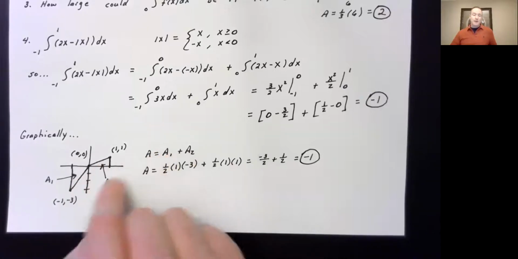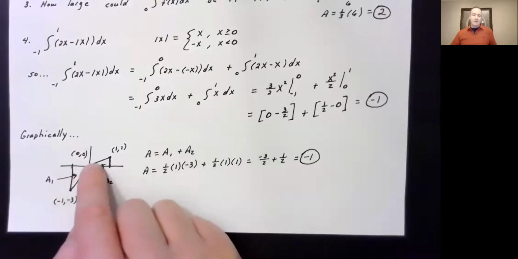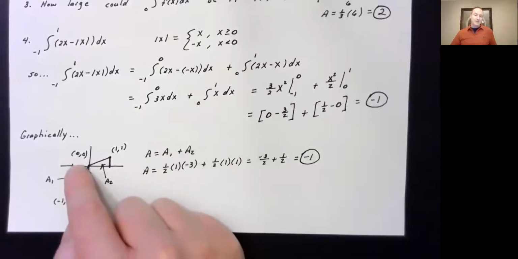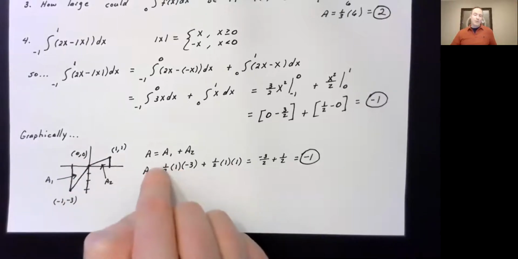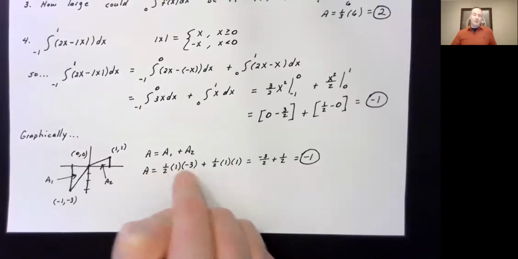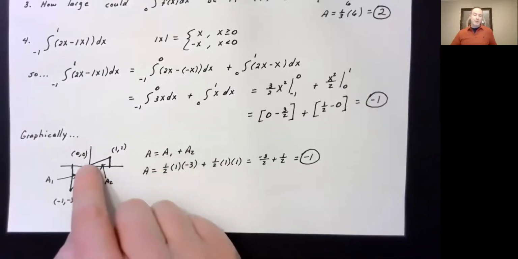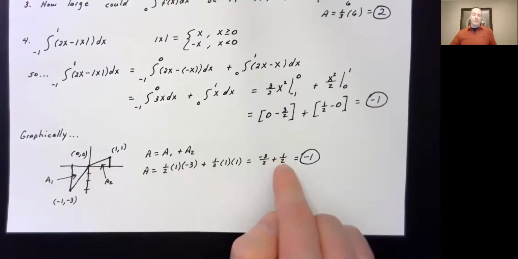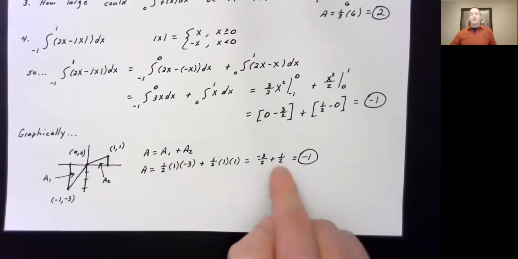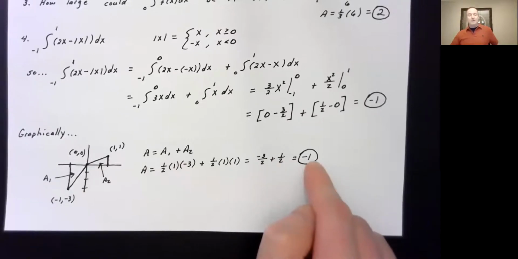They're both triangles, so 1/2 base times height. 1/2, the base here is 1. The height goes from 0 to -3, so it's -3. 1/2 base times height, 1/2 times 1 times -3. My other one, 1/2 base of 1, height of 1, gives me the 1/2 there. -3/2 plus 1/2, same answer, -1.